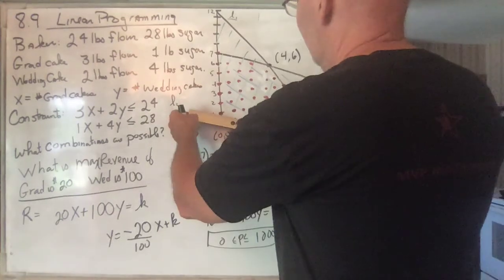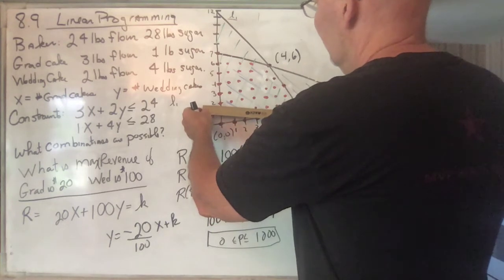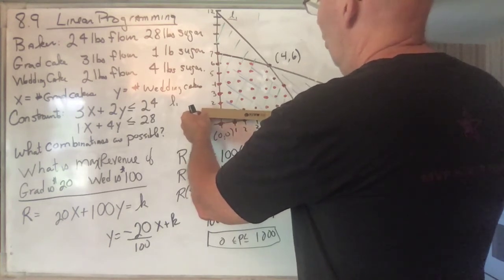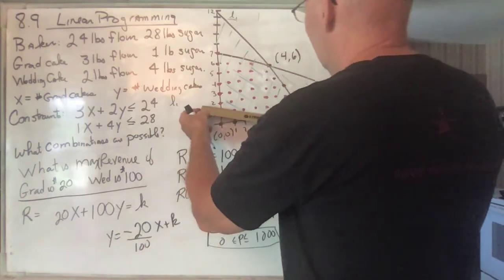Negative 1/5 is a very shallow slope. See that? It looks like that. So there's your revenue function right there.